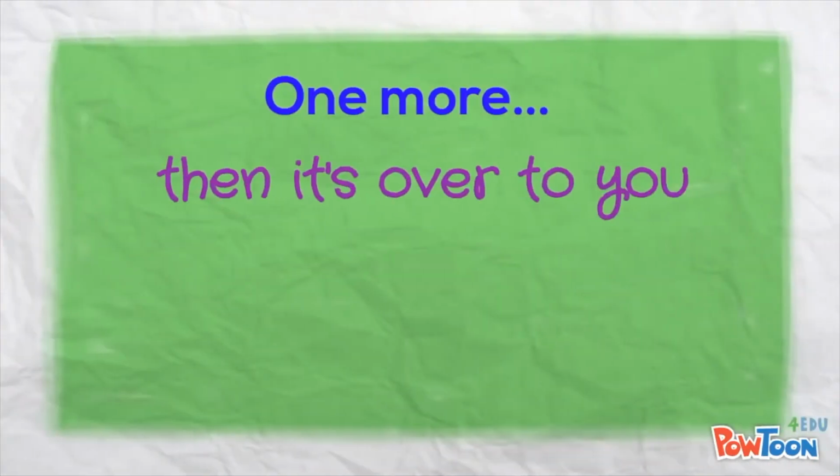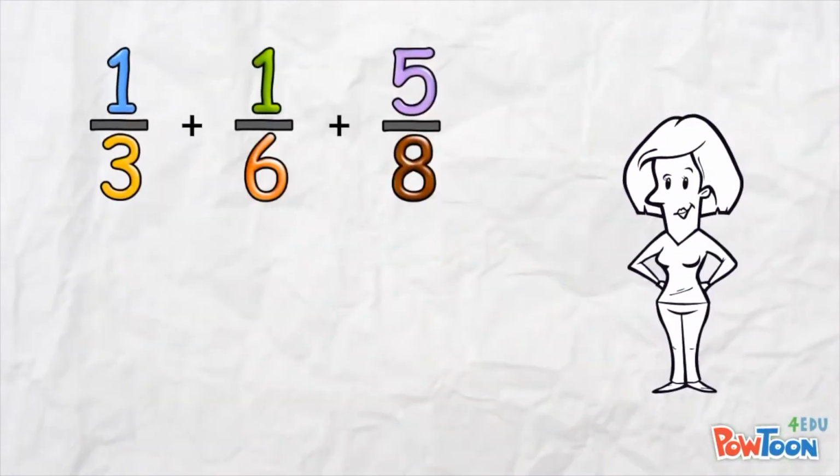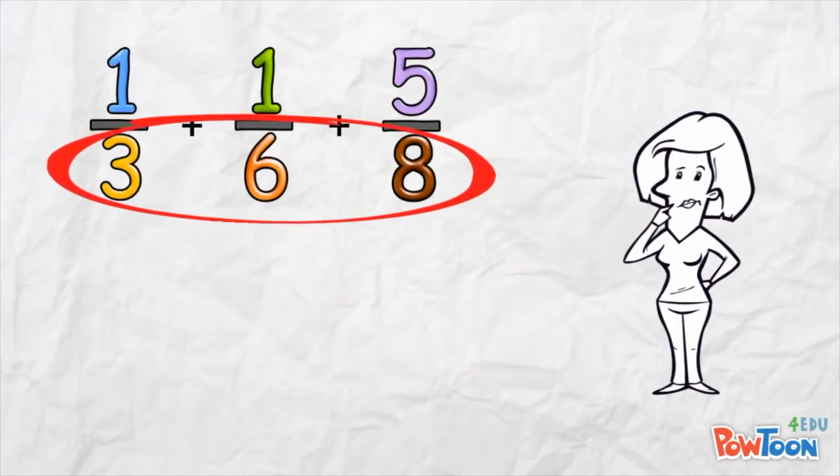One more, and then it's over to you, because I think you're ready to go on this stuff. Check out this one. Look at the denominators. 3, 6 and 8. These don't work together. The 8 doesn't fit with the 3 and 6.